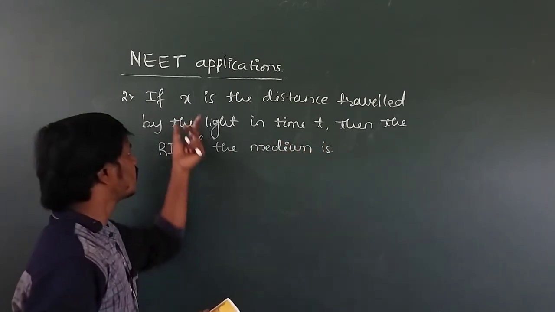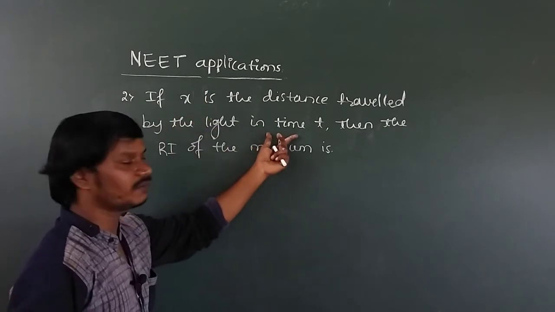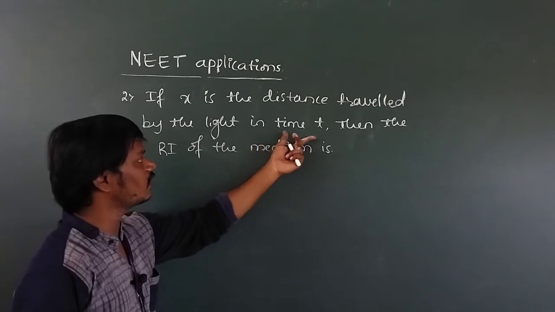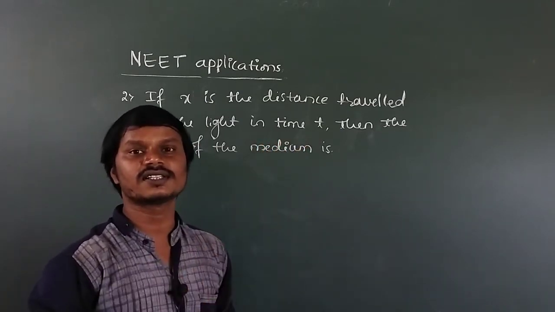Distance traveled by the light is x and time taken by the light is t. Then what is the refractive index of that medium?